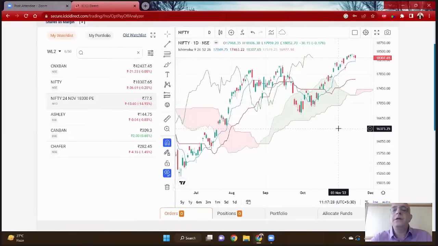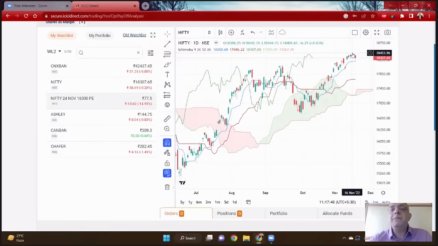So there was a price and time equilibrium turn date on the 16th of November. Based on that equilibrium turn date, it is suggesting that till the next date, which might occur over a period of a couple of weeks, a fresh long at the immediate juncture is not advised.